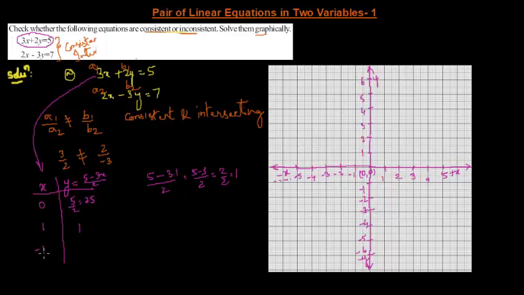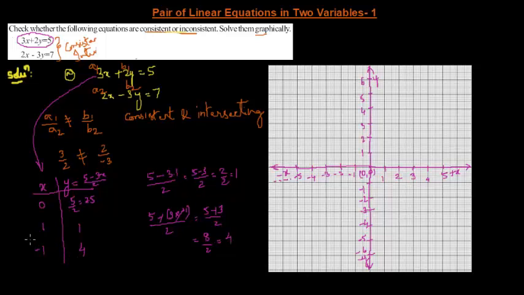Now let us take minus 1 as x value. What will I get? 5 minus 3 into minus 1 divided by 2. Minus of minus will become plus. 5 plus 3 by 2, which is equal to 8 by 2 is equal to 4.